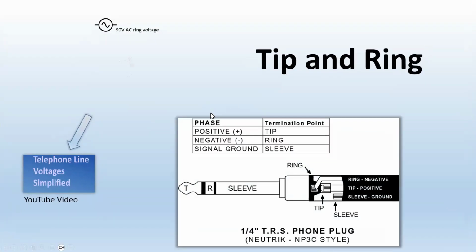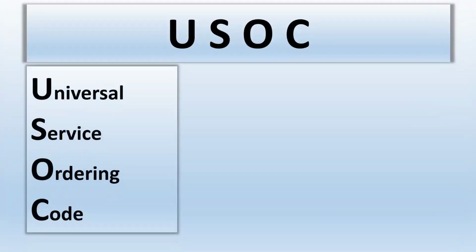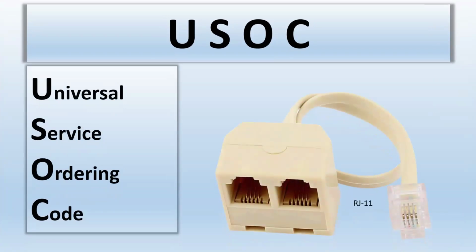So this is how things are happening here. Here's the jack. Here's the diagram of things. That's going to be in your post-it notes. USOC stands for Universal Service Ordering Code. And here is a typical RJ11 telephone jack. Here's a jack. Here's a plug. This one is actually a splitter. Now, is this RJ11?